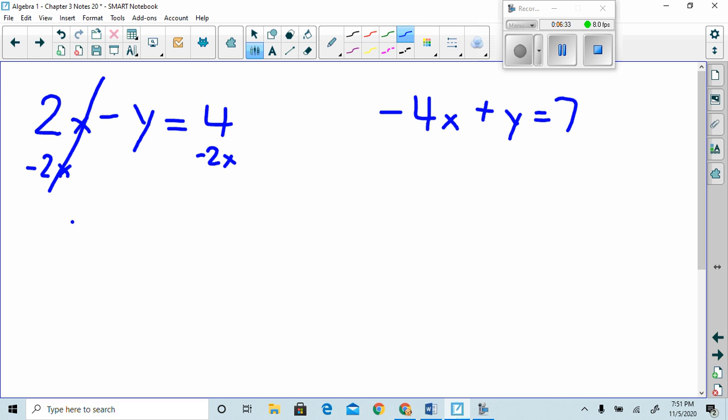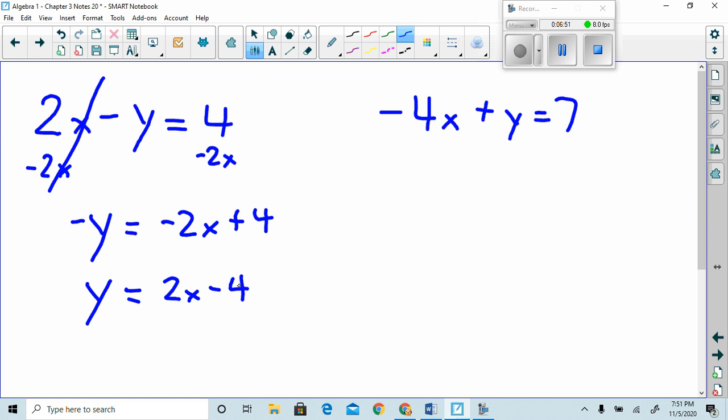Cancels on the left. I'm left this time with a negative y. I didn't want to solve for negative y, so I'm either going to multiply or divide by negative 1, which simply just changes the signs of every single term. And now I have my function form.